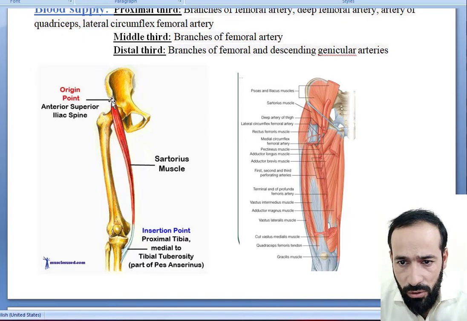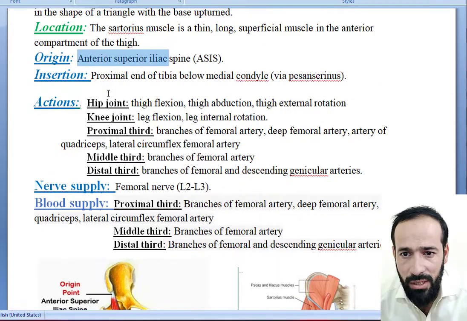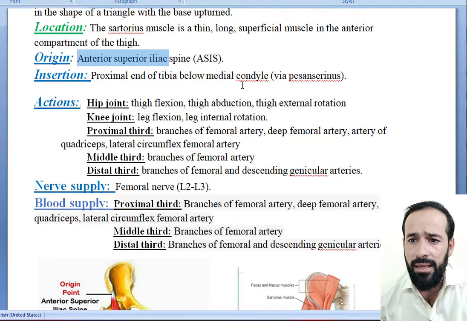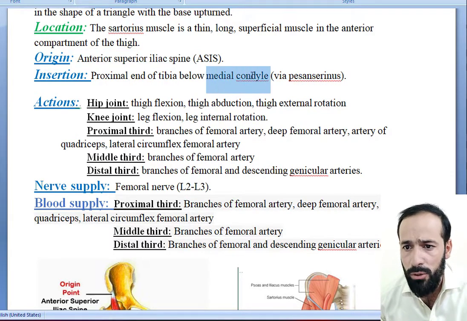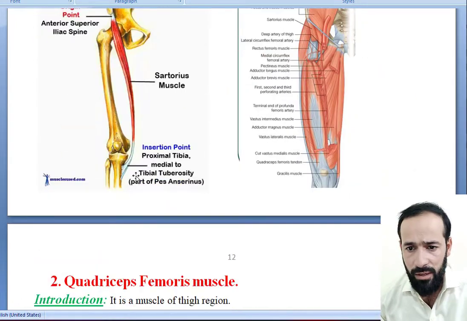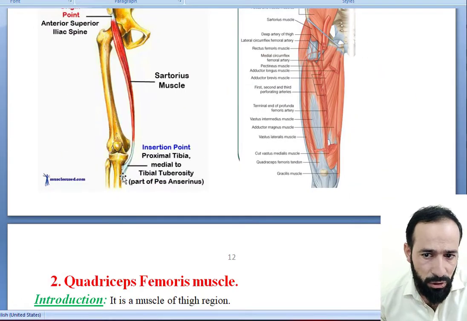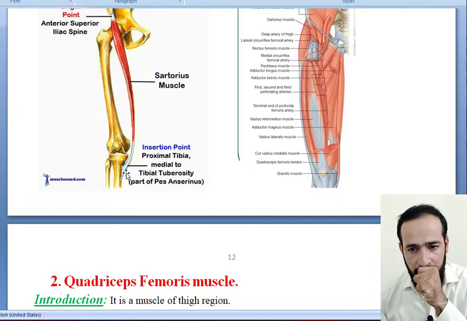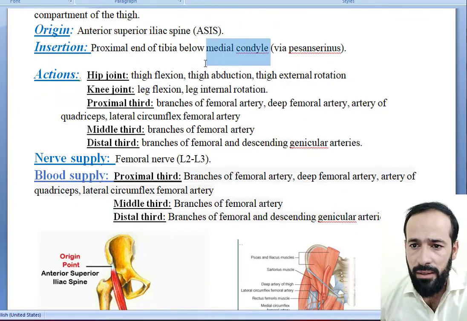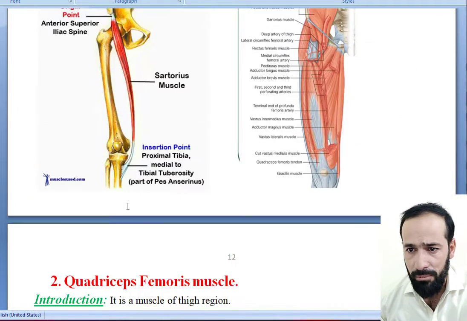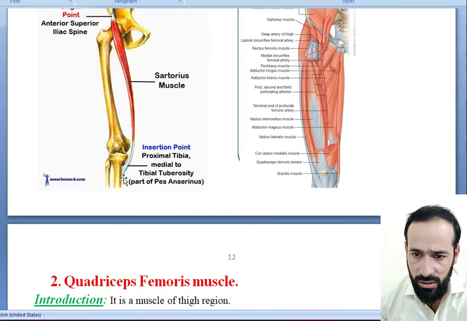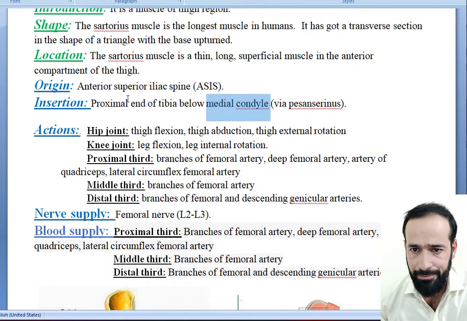So it gets its origin from the anterior superior iliac spine, and it inserts into the proximal end of the tibia below the medial condyle, right? So this is the medial condyle, this is the lateral condyle, and this is the region below the medial condyle.